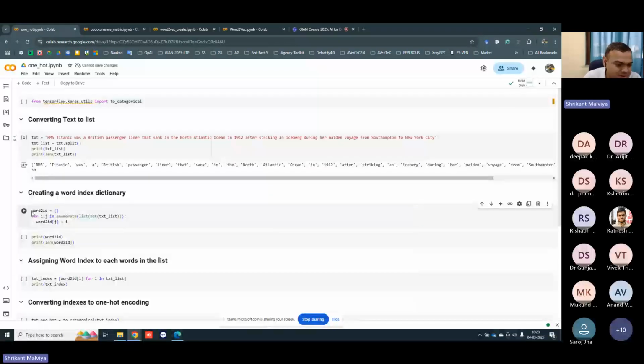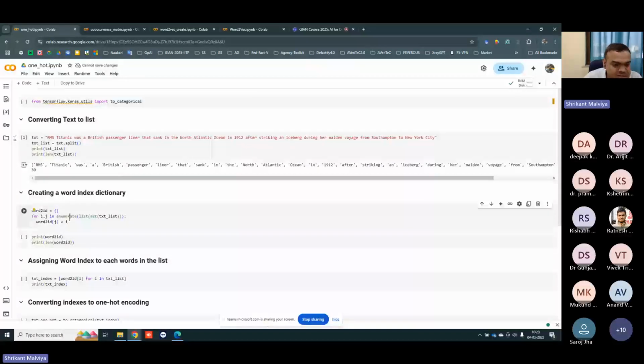So we are generating this index simply by this loop. In this loop, it takes the list of words, and we are also calling the set function. We know that in Python the set function removes all the duplicate words. So applying the set function, or converting this list into a set, will automatically remove the duplicate words, and then we transform it into a list again, and then enumerate.